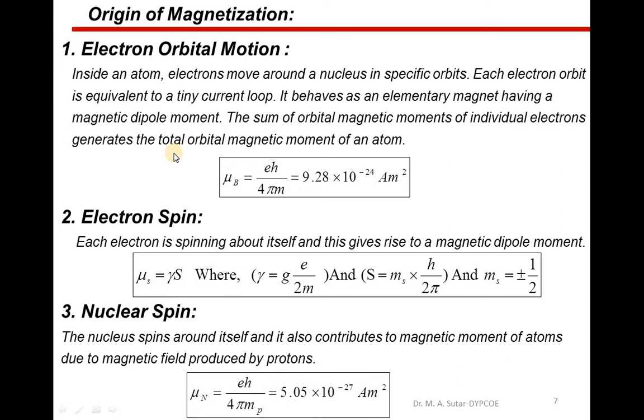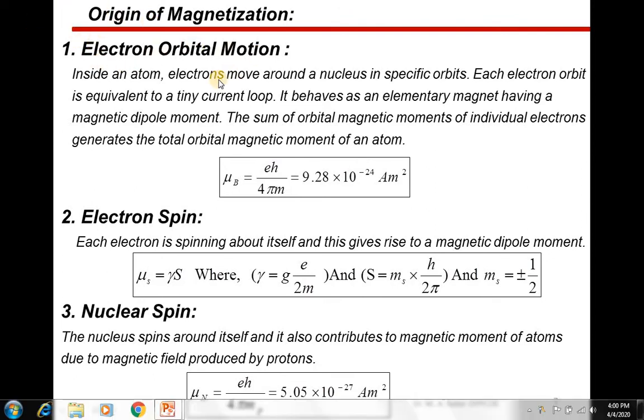The logic behind magnetization is that when any charged body is revolving or moving through the material, it produces a magnetic field. The electron has two motions, the orbital motion and the spin motion.